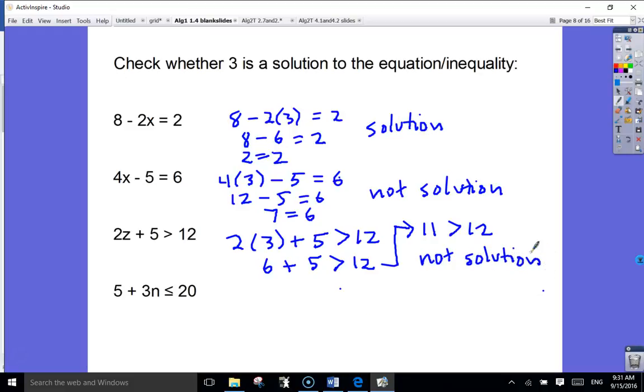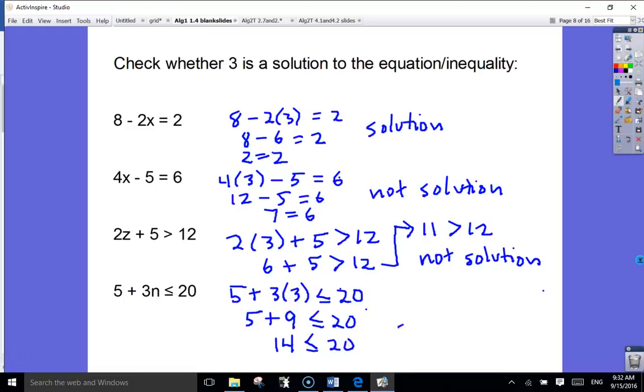And the last one, 5 plus 3 times 3 is less than or equal to 20. What is 3 times 3? 9. So 5 plus 9 is 14. Is 14 less than or equal to 20? Yes. So that's a solution.